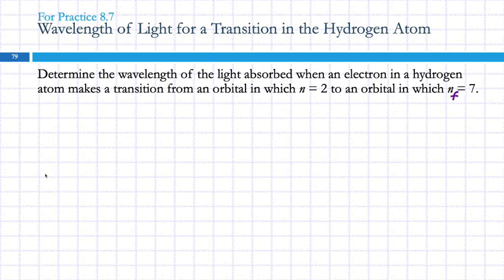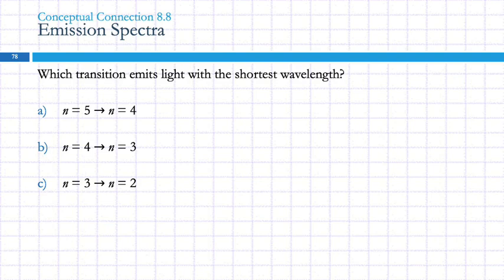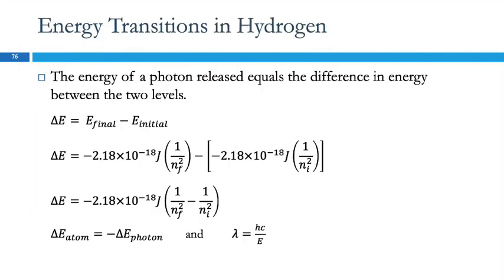And which is the initial? The other one, 2. Okay? So let's go back and look at that equation. Negative 2.18 times 10 to the minus 18th joules times 1 over nf squared minus 1 over ni squared. Final minus initial.